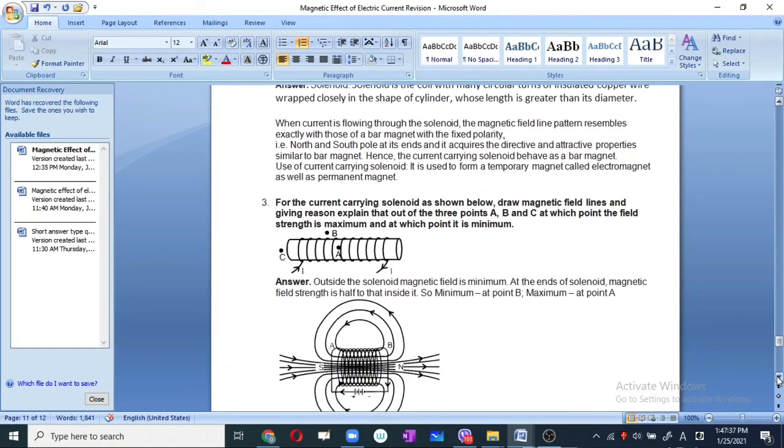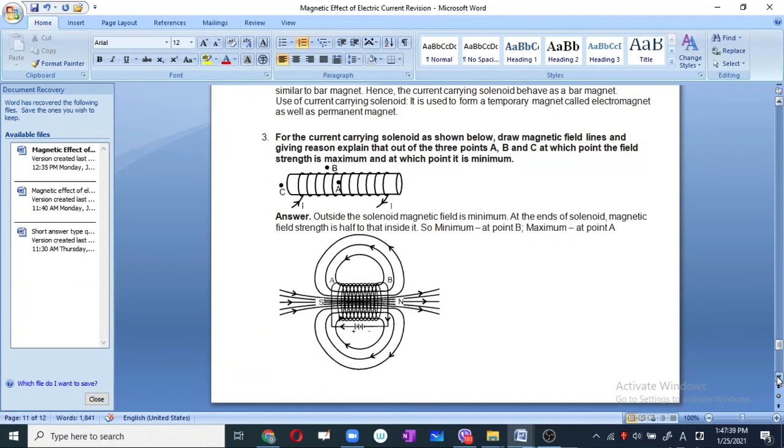The next question is: for the current carrying solenoid as shown below, draw the magnetic field lines. Explain that out of the 3 points A, B and C, at which point the field strength is maximum and at which point it is minimum. As we have already studied, the field lines are crowded more inside the solenoid, in a parallel fashion.